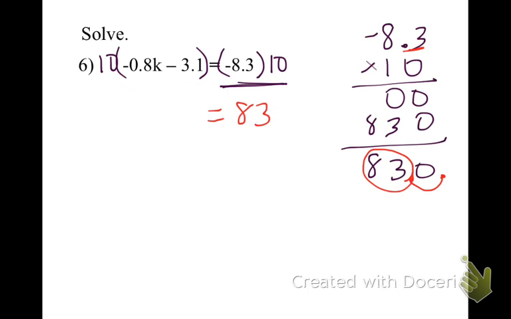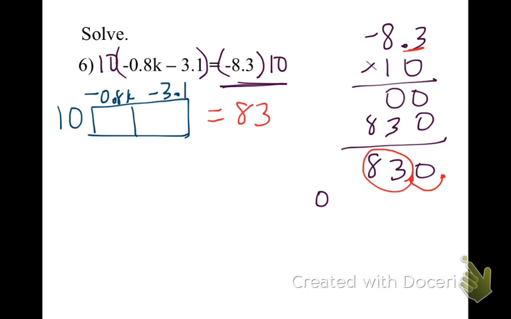Now remember, I see a variable and I see parentheses, so I'm going to be using the box method. So let's see, 10. So I have negative 0.8k, negative 3.1. So watch and see when we do some multiplication. So 0.8 times 10, I get 0, 0, 0, 8, 0. Whoops, bad 8. Oh, you can't see that.